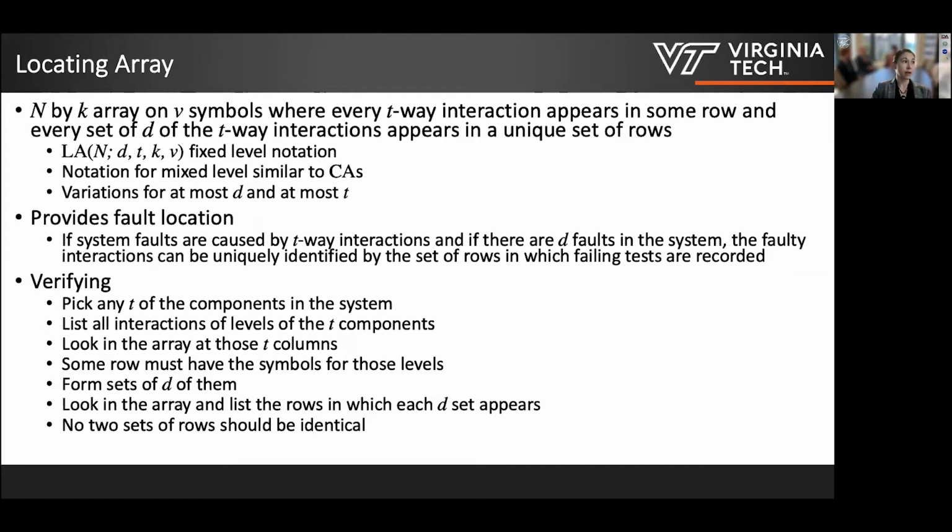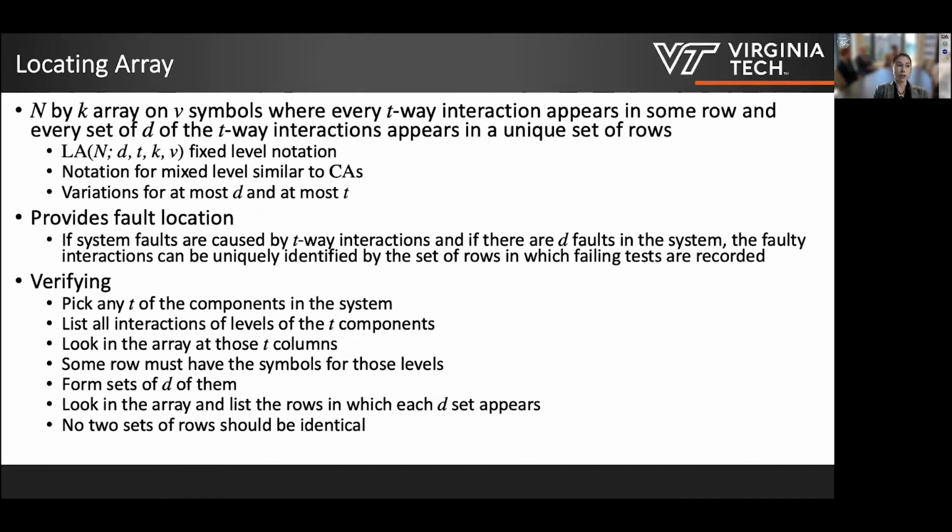How do we verify a locating array? We pick, again, any T of the components in the system. We list all of the interactions of levels for those T components, and look in the array at those T columns. Some row must have the symbols for those levels. So that part's similar to covering arrays. This is the part that's different. We're going to form sets of D of the interactions. So if D is 2, then for any way to pick 2 of the interactions, that's going to be a set.